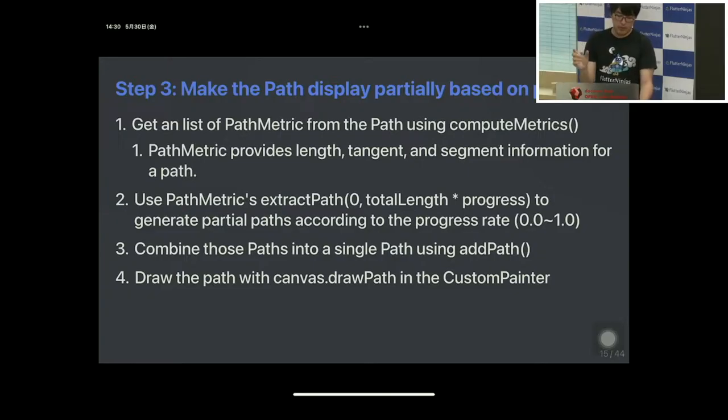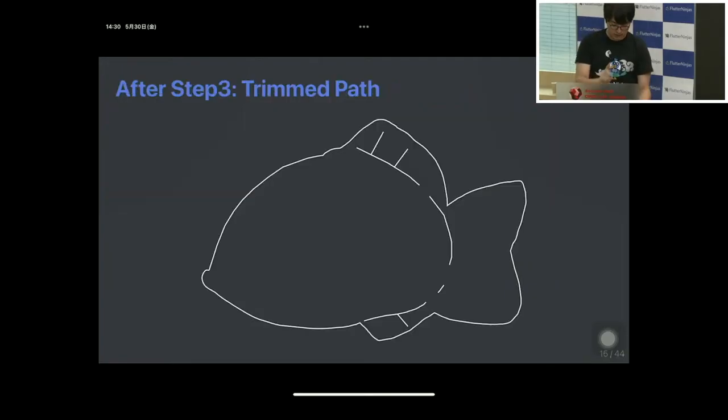Third, combine these paths using the Path.combine function. Fourth, draw the path with the drawPath function of the canvas in the custom painter. And this lets us control how much of the path is visible. So now we can display only the trimmed path. This path shows 30% of the full length of the path.